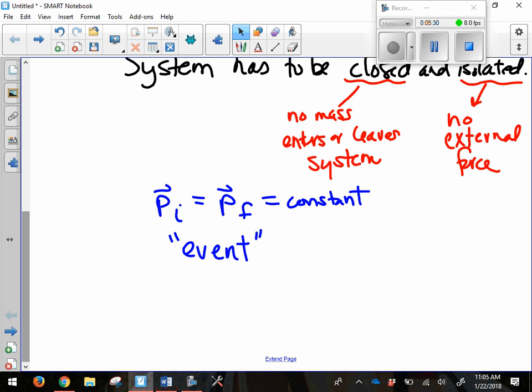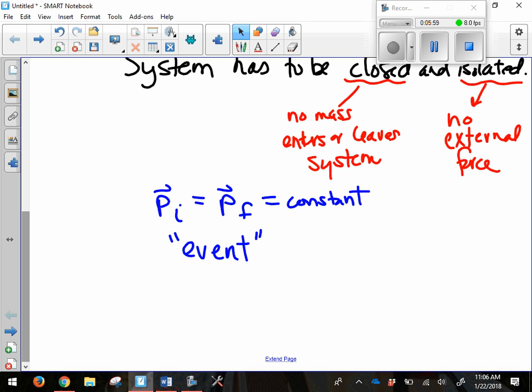In that situation, the satellite isn't necessarily colliding with the planet, but there is an interaction that's changing the momentum. So while it will usually be a collision, you don't want to get yourself so convinced that if there's no collision, there's no momentum, because that won't always be true. Okay? All right, we good? Okay.